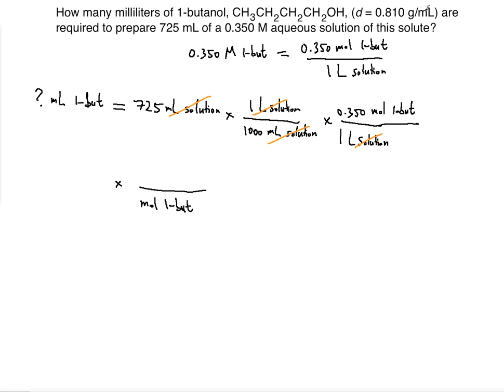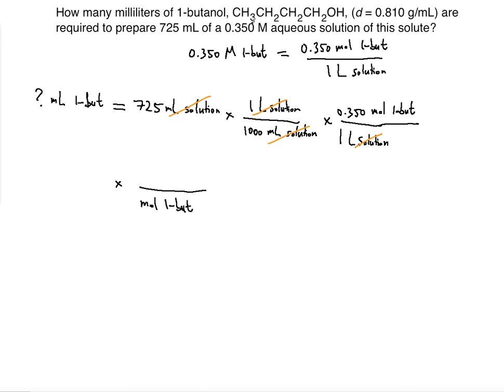So we will need this conversion of the density. But in order to use it, we need to convert from moles to grams. So how many grams in 1 mole of this?